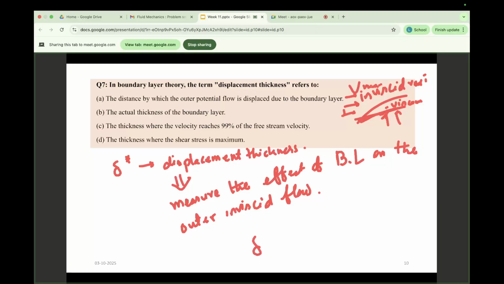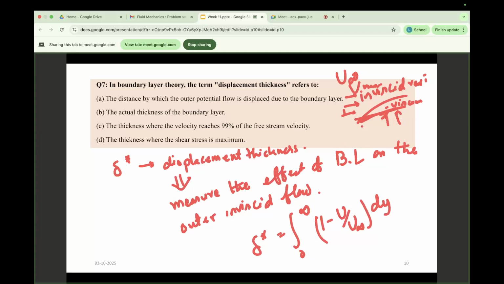So what is the formula? Just also remember this formula, that thing is also required. This is the integral of 1 minus u by u infinity, into dy. Here u means the velocity at a certain position in the boundary layer thickness region, and u infinity is the free stream velocity.